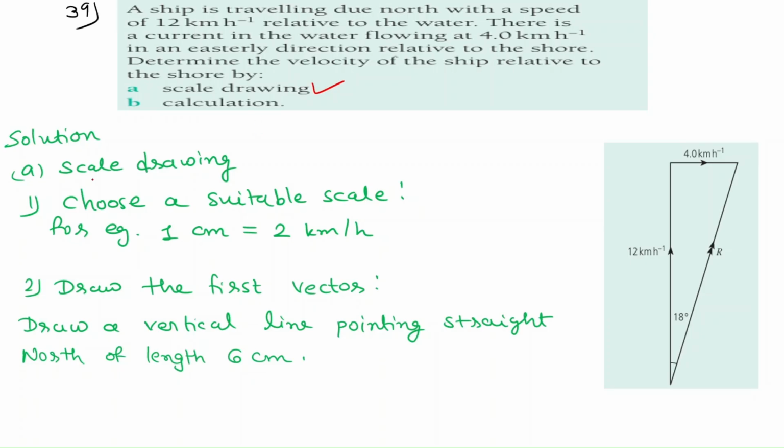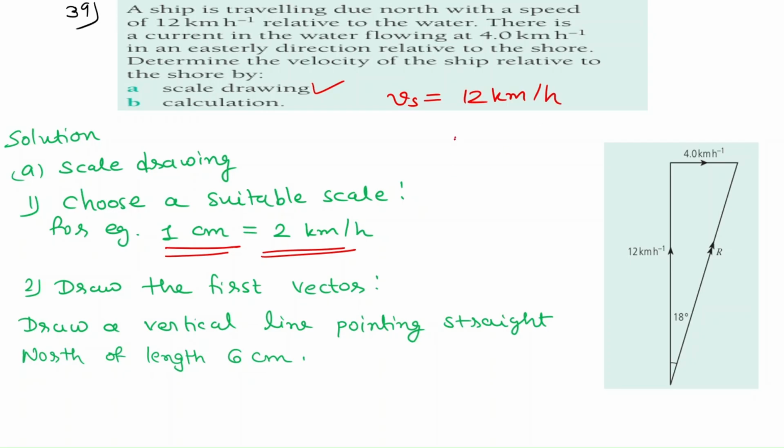How to do that? In a scale drawing, choose a suitable scale. If you have a scale and draw in your notebook, take 1 centimeter of your ruler as 2 kilometer per hour. So draw the first vector of the ship, which has a speed of 12 kilometer per hour. Vs means 12 kilometer per hour.